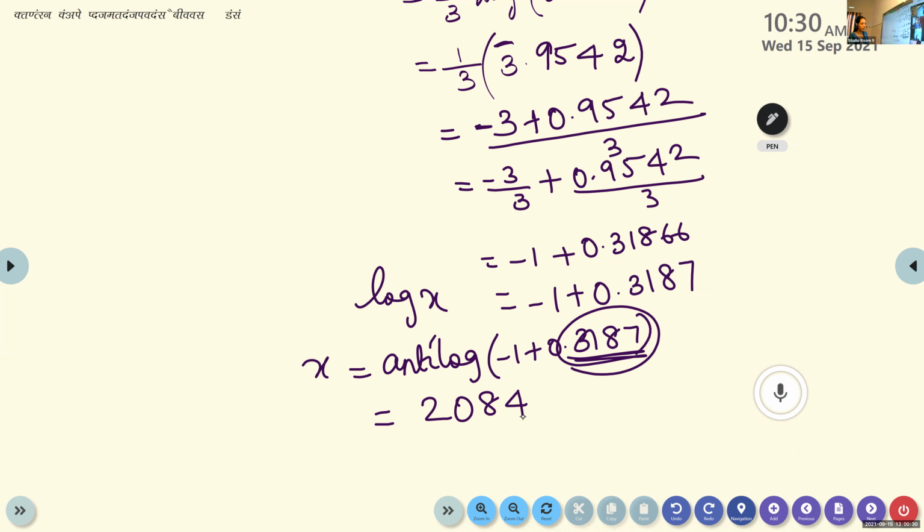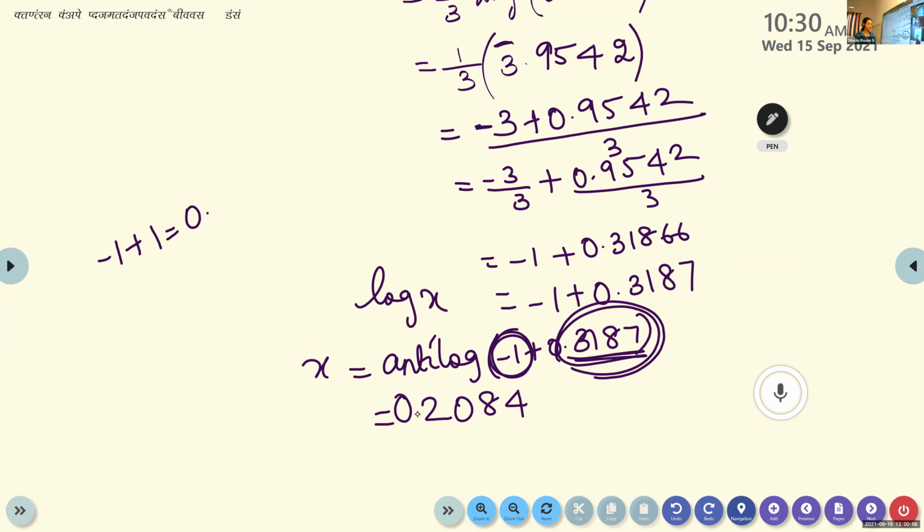What we did in the last class, we discussed how to find the antilog. So we are taking the antilog value, and look at the part here. This part is used for fixing the decimal place. Along with it you add, 1 plus minus 1, what will you get? 0. So that means no places to be shifted.